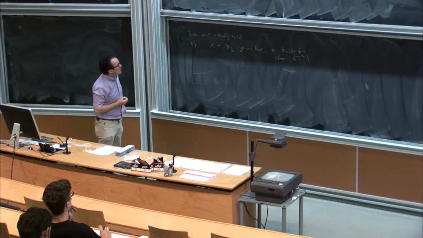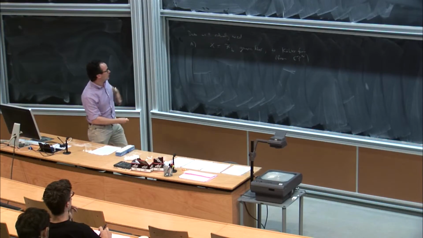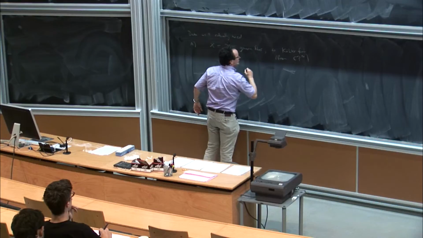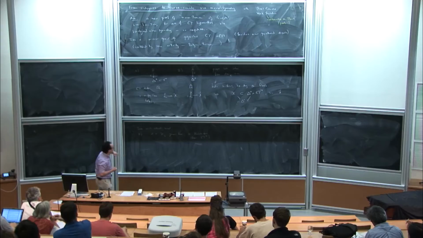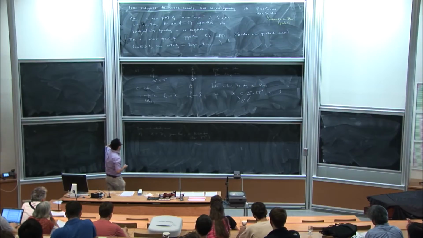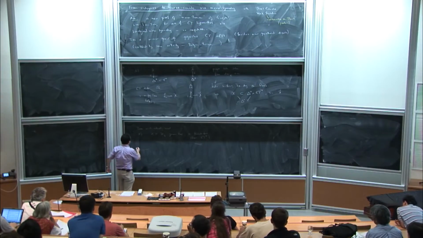So this is an integral Kähler form. It represents the first Chern class of L, but I actually want a bit more data.